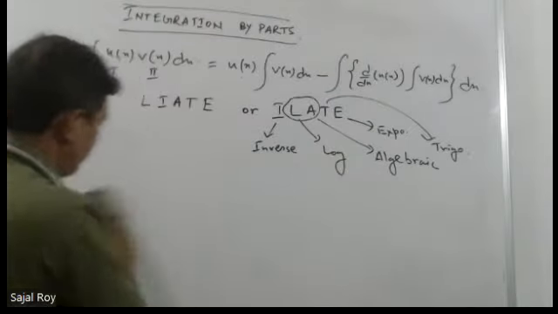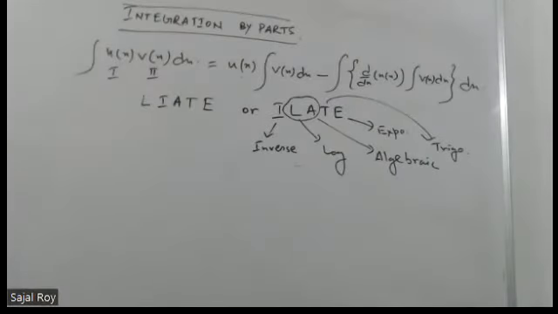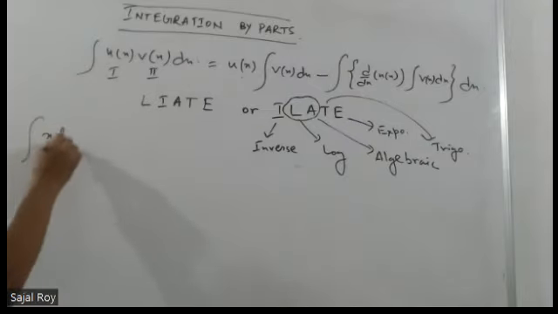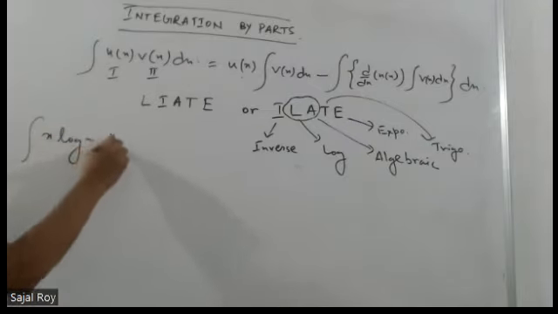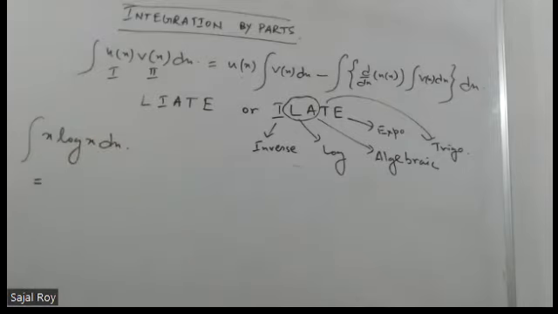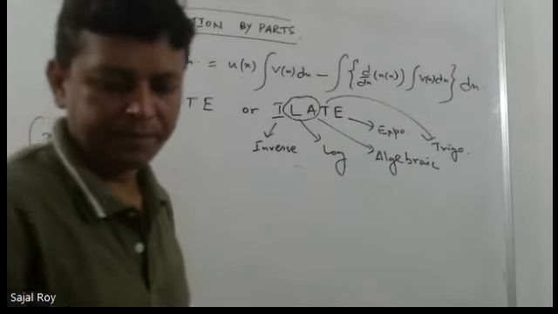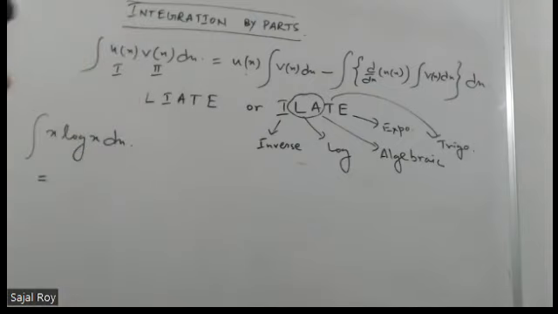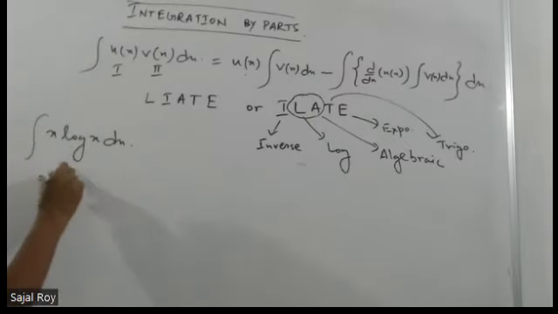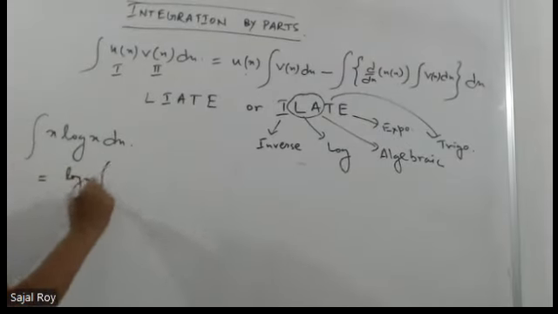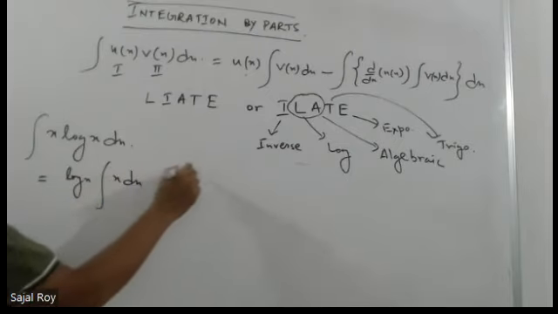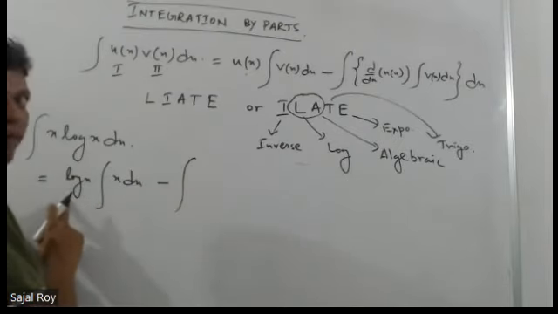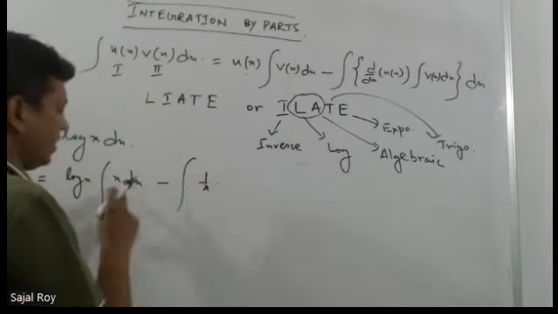Another problem, if I give you, try this one. Suppose x log x. What is your answer? Tell me. Here this is algebraic, this is log. So log will be the first function, right? And integration of x, minus the derivative of log x, which is 1 over x, into this integration.